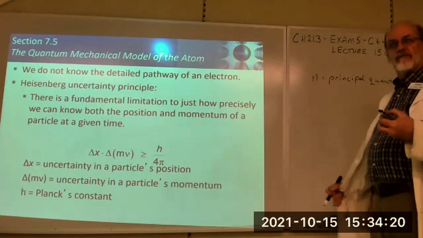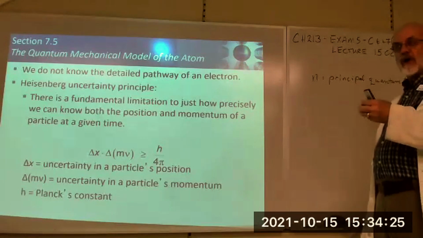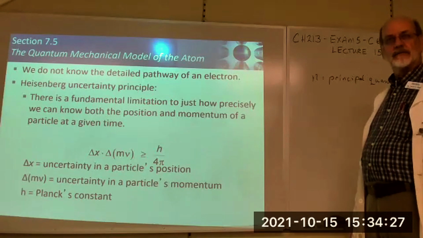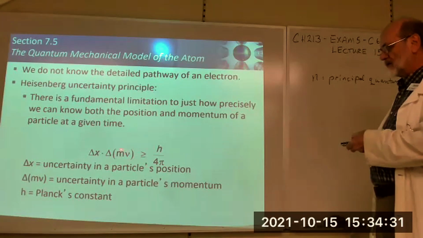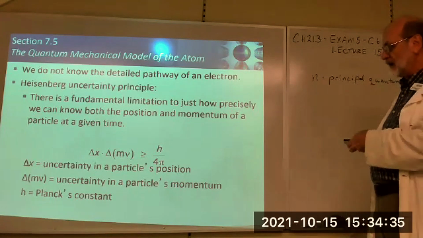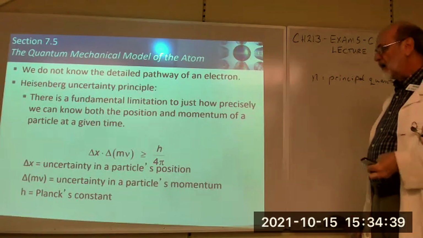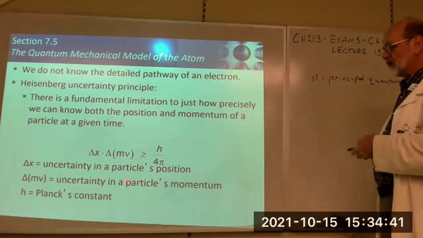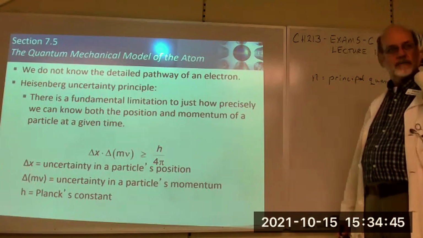So how can we know, like I'm running, how can you know how fast I'm going and where I am? Because my mass is huge, right? And that swamps all the other factors in this formula. So for very large objects, the uncertainty, both here and here, are very small.